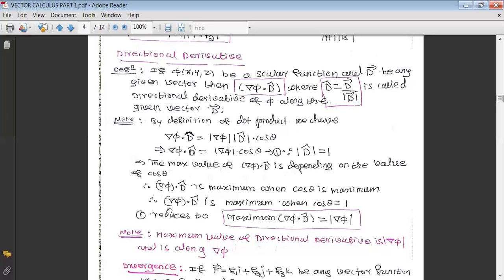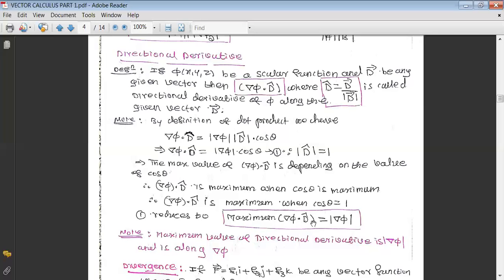Therefore ∇φ · d cap is maximum when cos θ is 1, and equation 1 reduces to |∇φ|, as cos θ is 1.